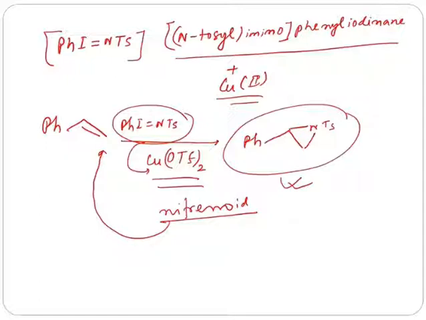Now, we will see another good reagent to form aziridine, that is N-chloramine or N-bromamine. Let's see the structure.